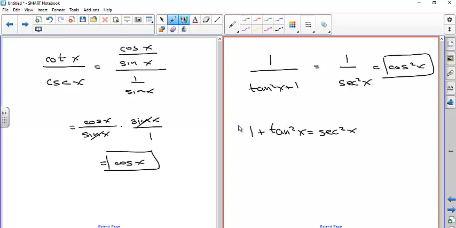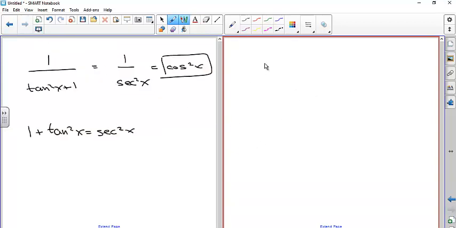Okay, let's look at one more here. So let's say we have the cotangent of x sine of x plus tangent of x cosine of x. So again, anytime I see cotangent or tangent, I think of using the quotient identities.